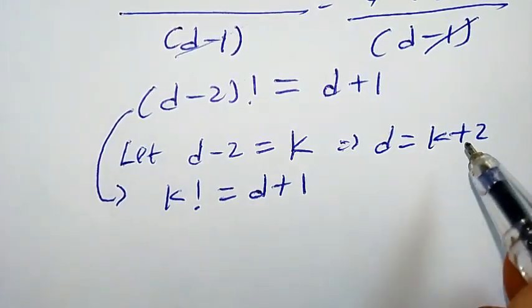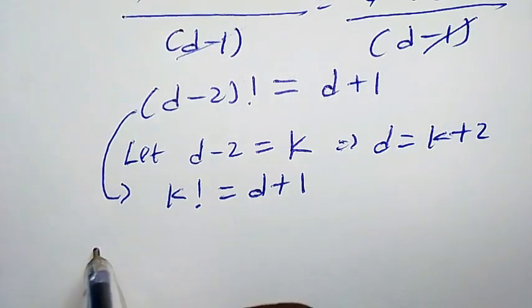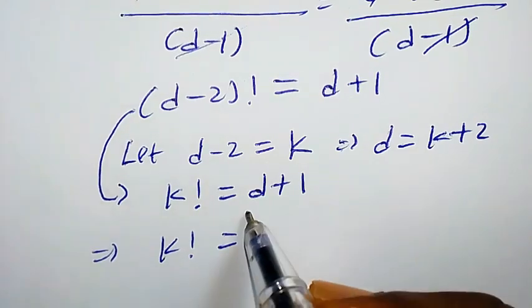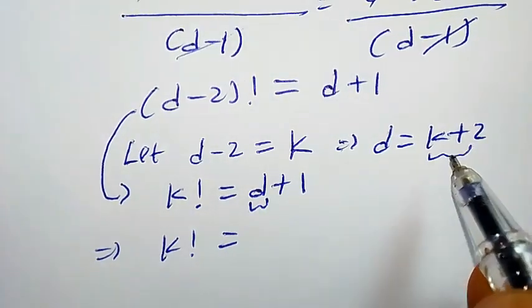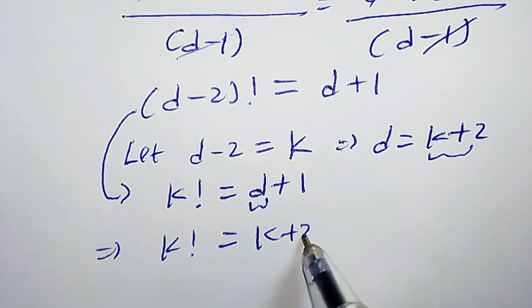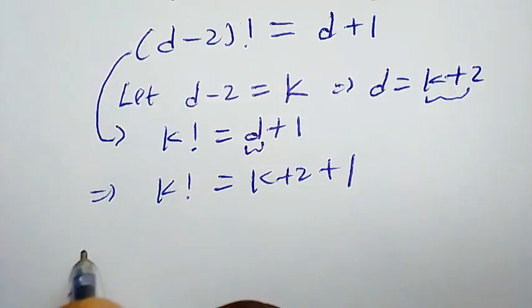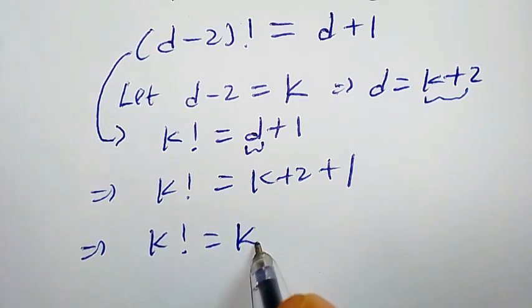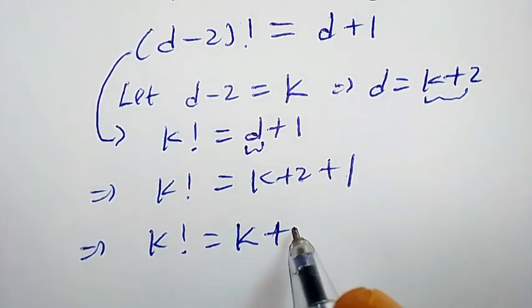Take note of this. So, this implies that k factorial is equal to, what is d? d is k plus 2. So we have k plus 2 plus 1. This implies that k factorial is equal to k plus 3, since 2 plus 1 is simply 3.